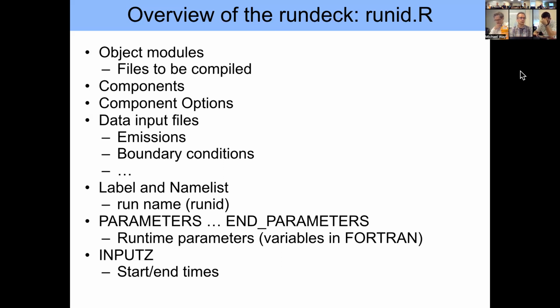So if you are doing, for example, a large parameter ensemble and you want to explore the range of values of any parameter inside the model code, literally any, what you need to do is go inside the model code and add a line or two that says essentially to the model, you can take the value of this parameter from the run deck. And then you create 20 different run decks with 20 different values for that parameter, and you run them separately, and you don't have to create 20 copies of the model code. You only have 20 run decks, and the model code gets the values from the run deck.